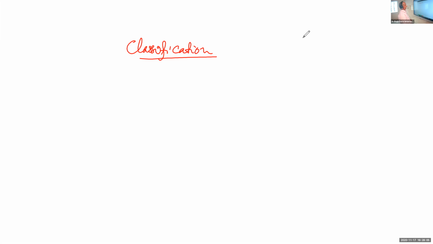Unsaturation means carbon-carbon double bond or a triple bond. Double bond and a triple bond are known as multiple bonds. That is one way of classification. We can see some other classifications also. In your book, a number of classifications are given, but I have selected only 4 types.